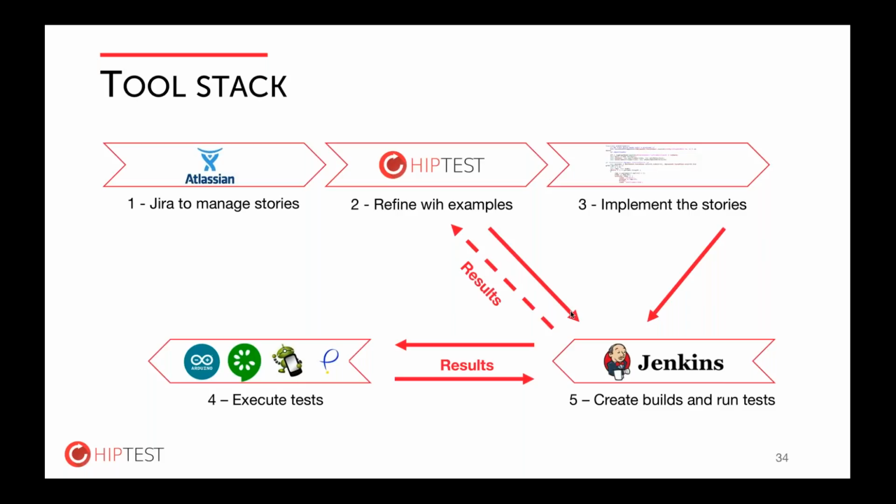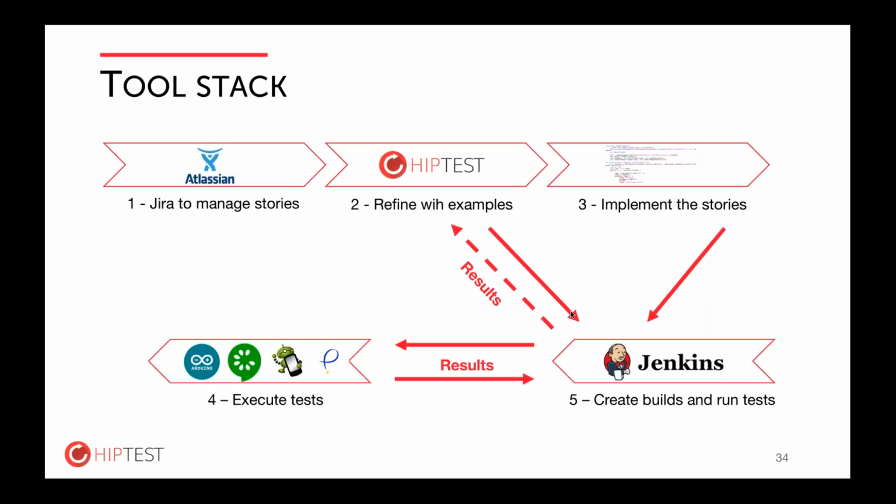So the execution part in the tool stack is very specific to ticketing, and as you mentioned, we have to play with real devices and some smart cards. So we are using some fun stuff like Arduino and Robotium to drive an arm that moves smart cards in front of the devices to simulate a real person using their card.